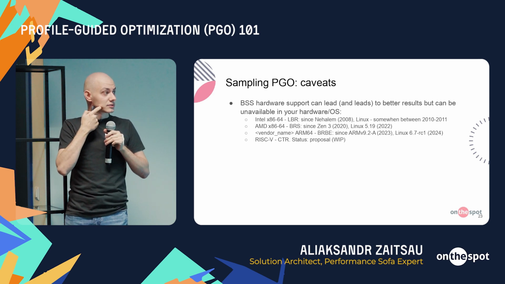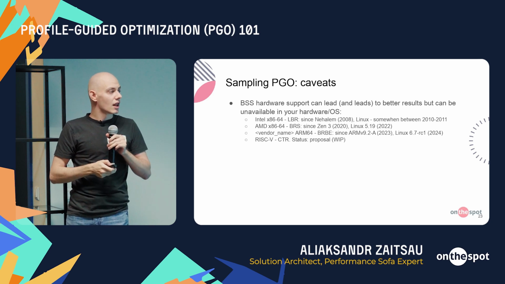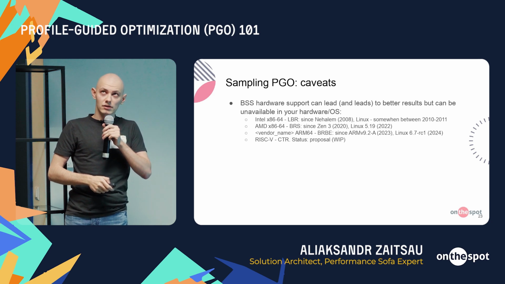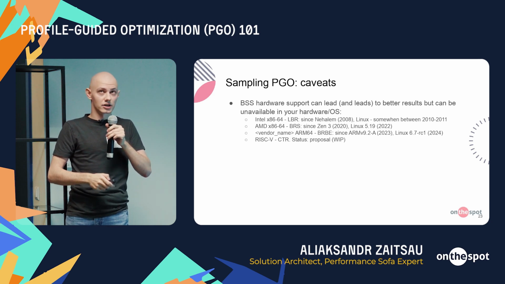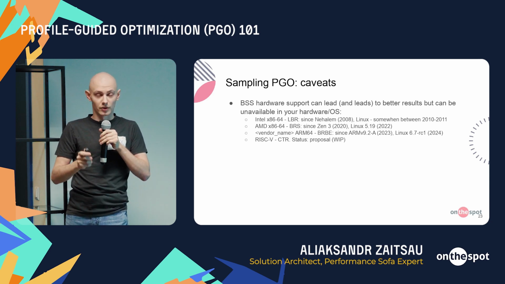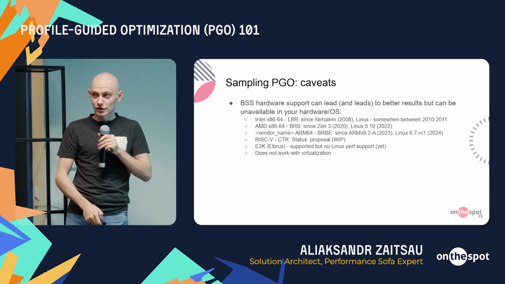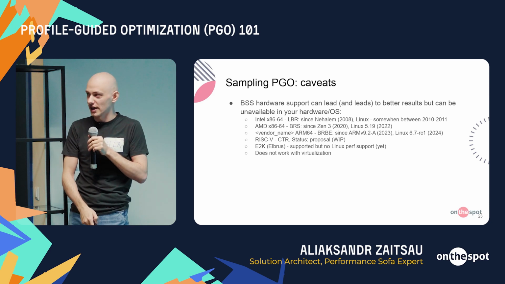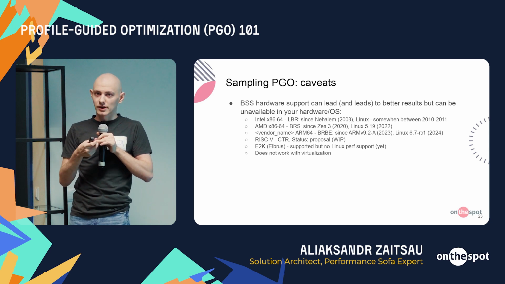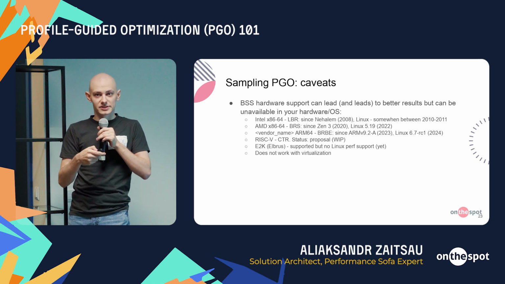And if we are talking about more special CPUs like RISC-V, this feature is called CTR, Control Transfer Records, sorry. Current status: work in progress, like a proposal, nothing more. And some more specific CPUs, like Elbrus or Loongson, that's Loongson from China, a MIPS-based CPU. As far as I know, in hardware there is support for LBR, but no support in the Linux kernel, at least yet.